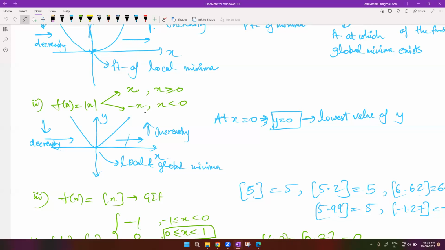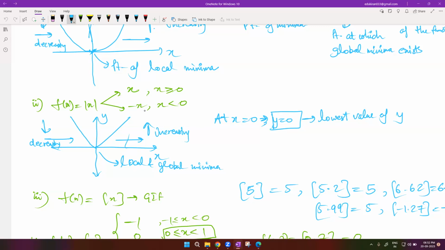And if our function is decreasing first and then increasing, it will certainly give us a minimum, like you can observe in the first or second case, in these examples that I've shown. In the second case, the function was decreasing in the second quadrant, and in the first quadrant the function was increasing.